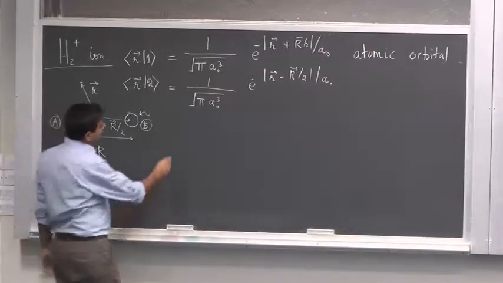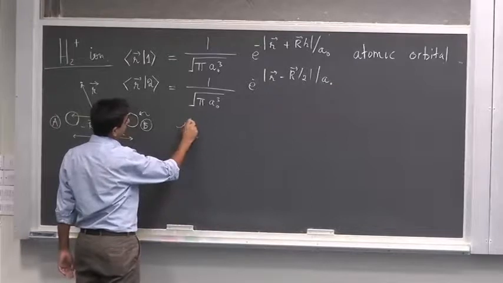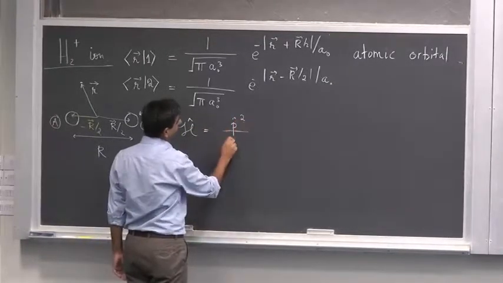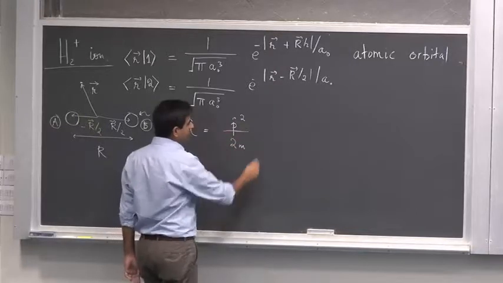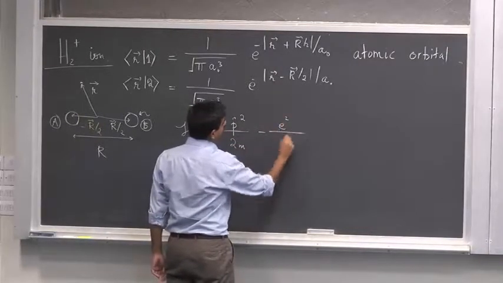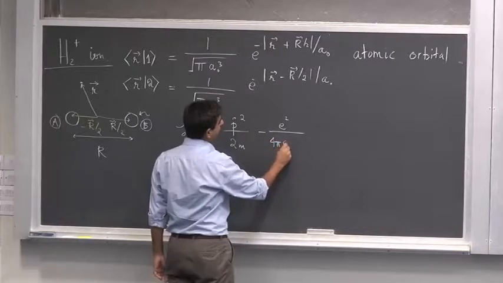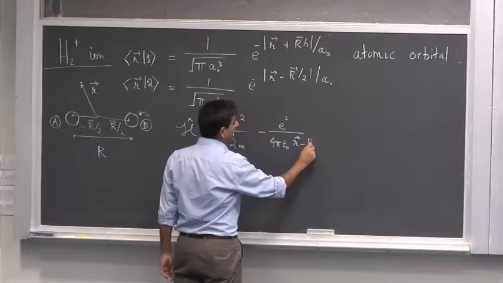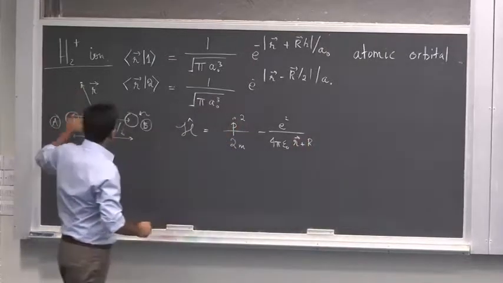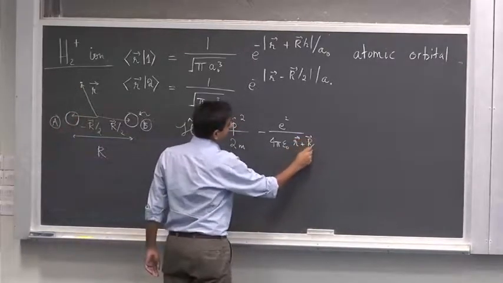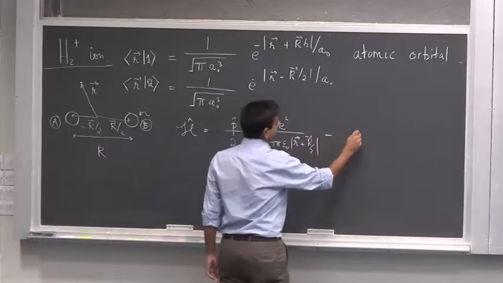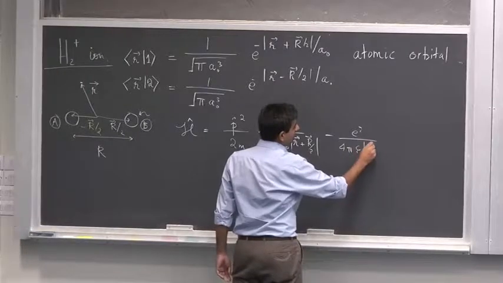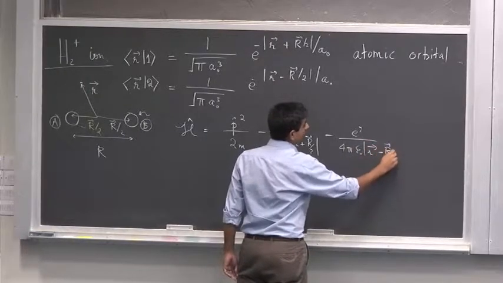And we also know what the Hamiltonian is. The Hamiltonian is a single electron system. It's p squared over 2m, minus e squared over 4 pi epsilon naught times the distance r plus R over 2, minus e squared over 4 pi epsilon naught times r minus R over 2, right?